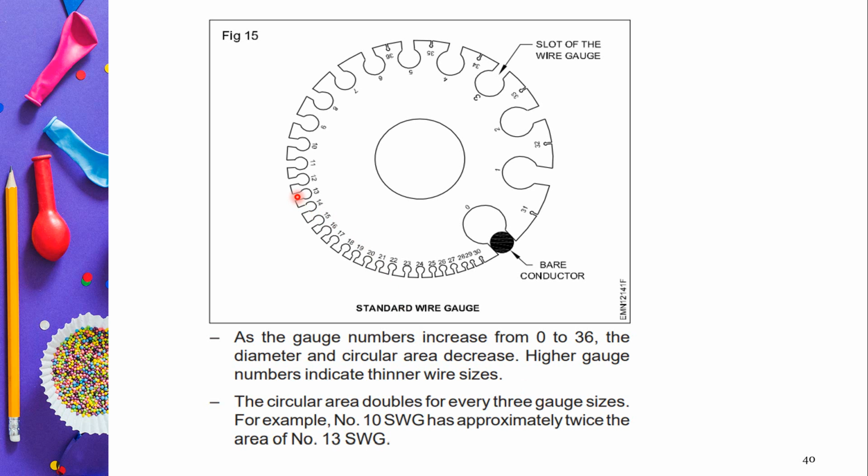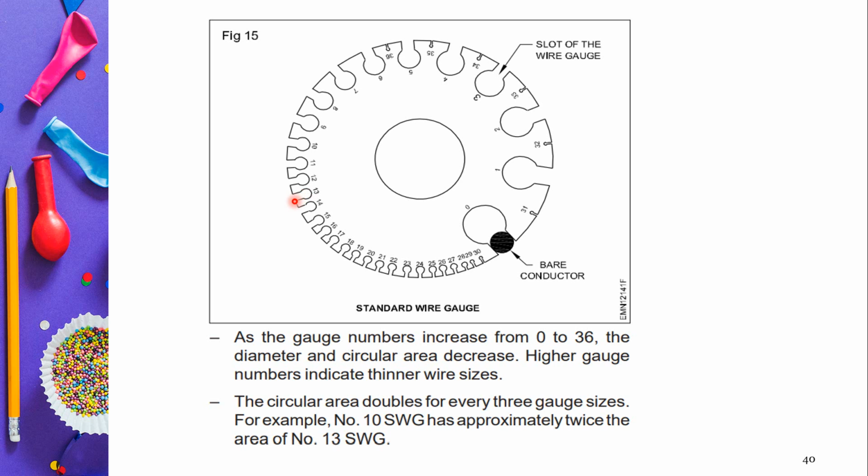You reset your mind, I will explain once again. This is 13 SWG. I am giving an example: suppose here the area is 4 square mm. This is only an example.